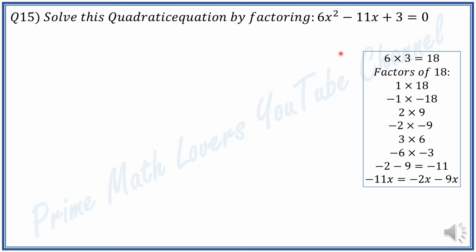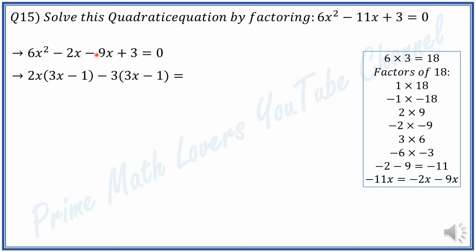So what we do, we rewrite the equation and replace negative 11x with negative 2x, negative 9x. So our equation will be 6x squared minus 2x minus 9x plus 3 is equal to 0. Then I factor between these two terms, factor out 2x, and I get 2x times 3x minus 1.